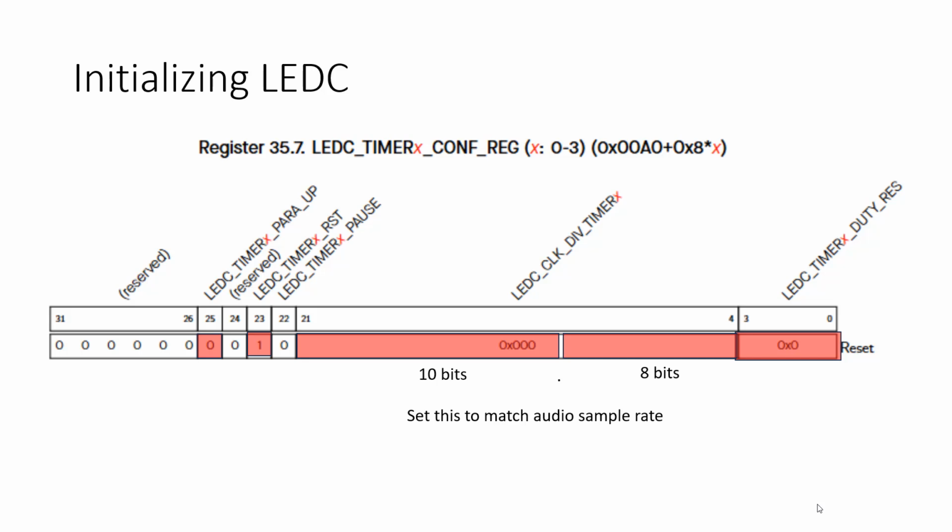You guys remember pulse width modulation has a period, right, which is basically just the repetition rate? And then there's the duty cycle, which is what percentage of that period the output is 1.